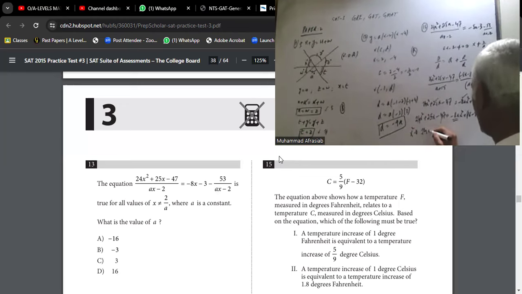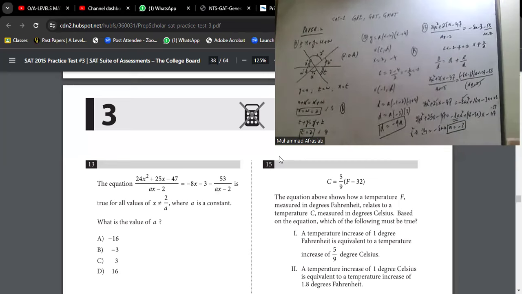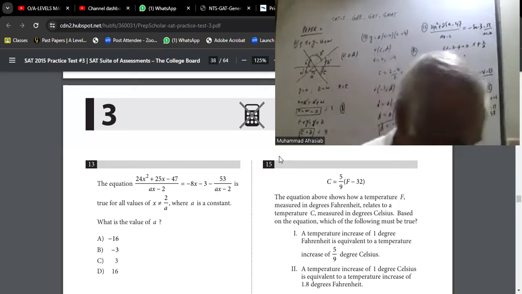So 24 is equal to −8a, or a is equal to −3. So a is equal to −3 is the choice B there. So B is the right choice of this question there. Now you can start the next.